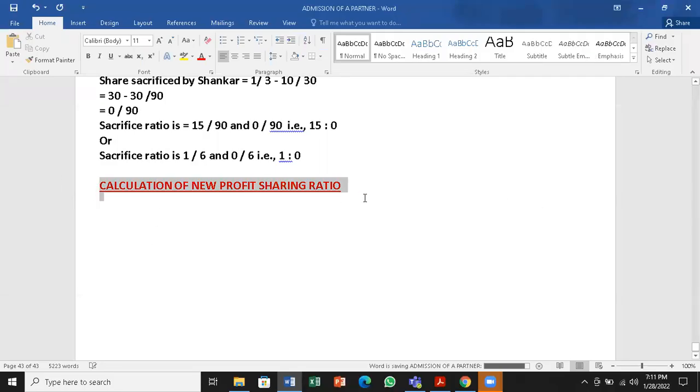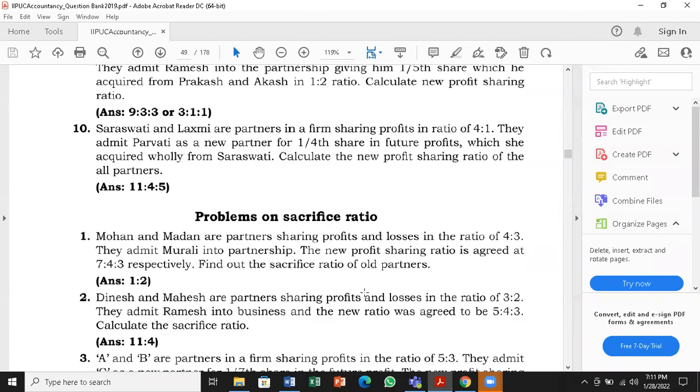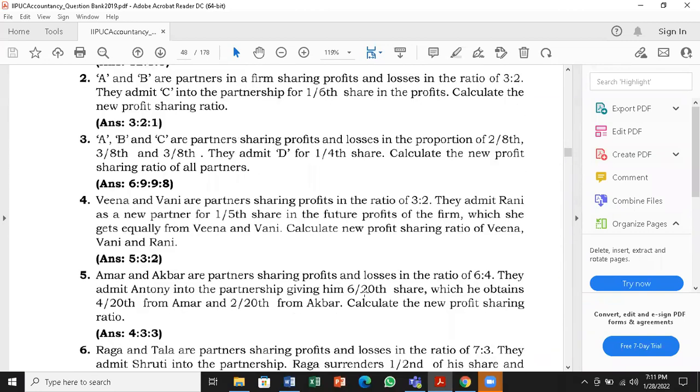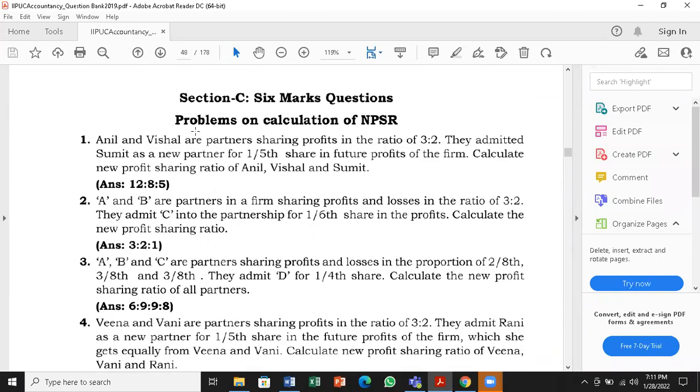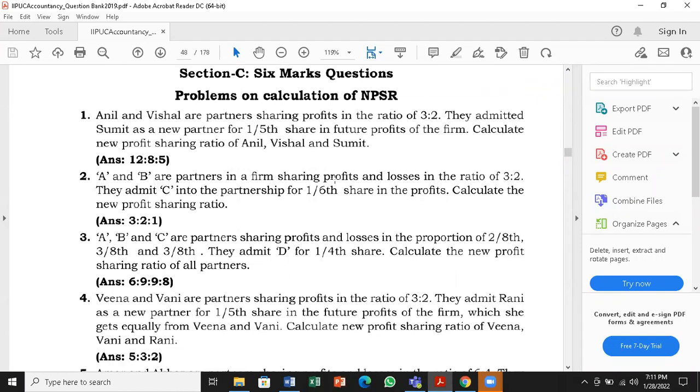So I'll go for calculation of new profit sharing ratio. So that again in the same question booklet. So here you have 6 marks questions, problems on calculation of NPSR. NPSR means new profit sharing ratio. Shortcut is given as that.